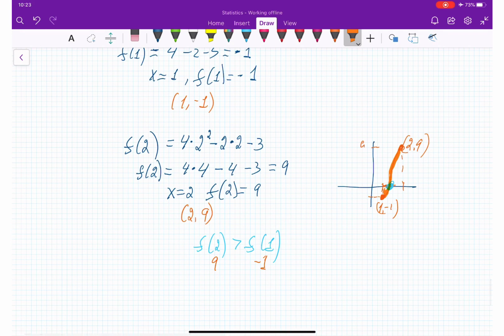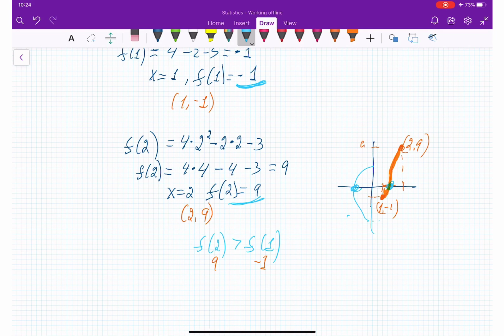The bottom line is, let me tell you something, I'll show you a shortcut. So, f of 1 is negative 1. This is y equal negative. This is y equal positive. So to move from negative y to positive y, you're going to cross this value of x, right?